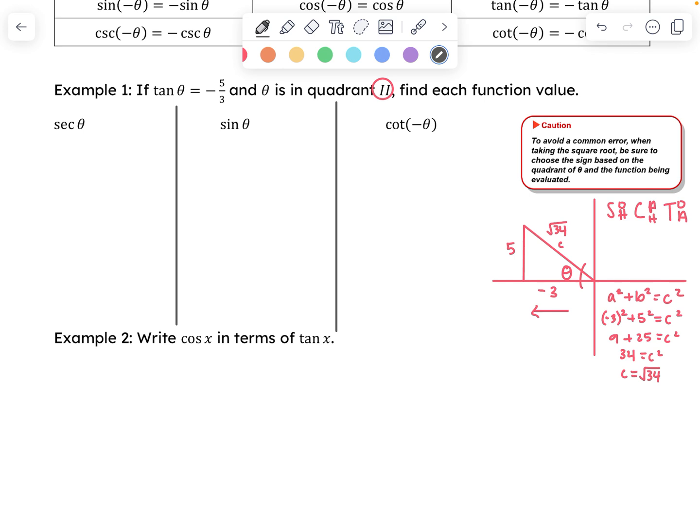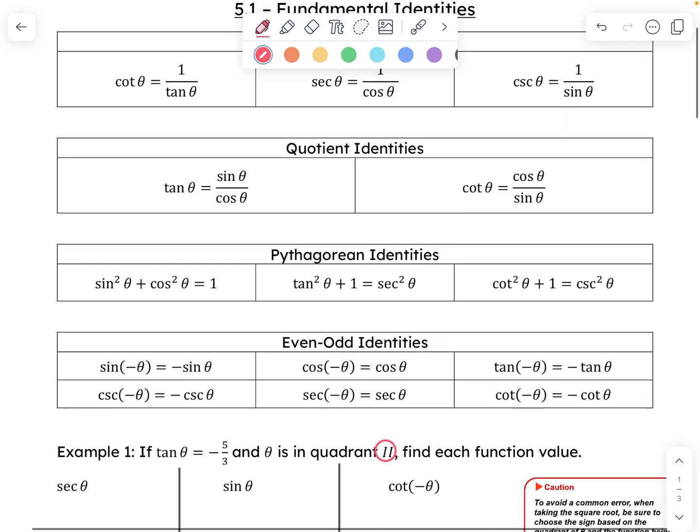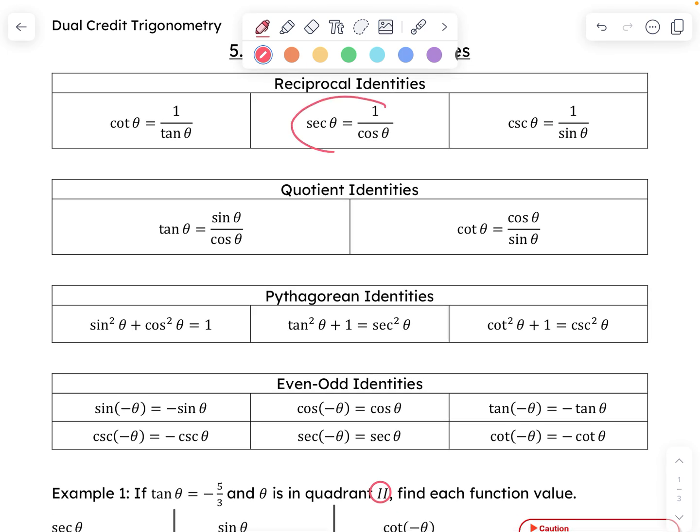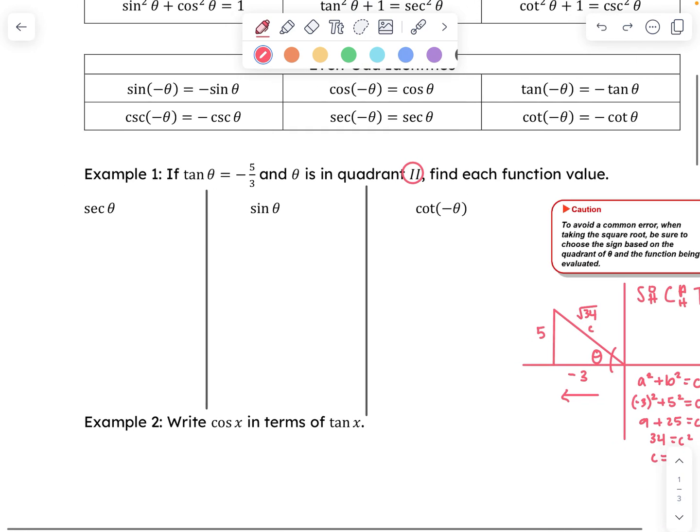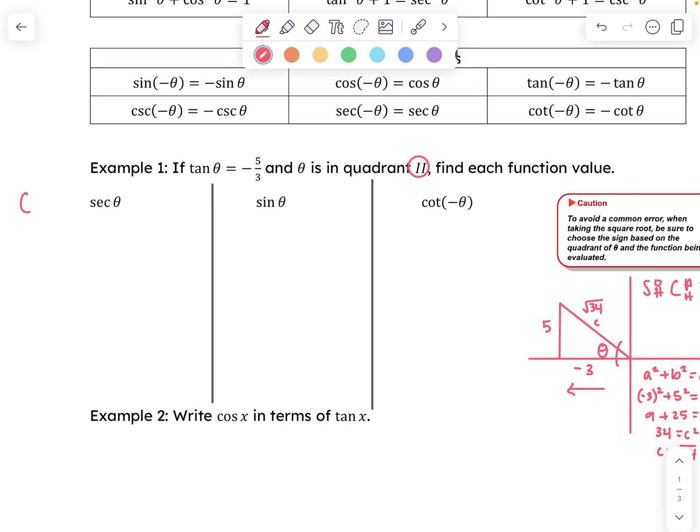So let's start with our secant. I can come up here and remind myself that secant is 1 over cosine. So if I'm looking at that secant being 1 over cosine, that means that I'm looking at my CAH from SOHCAHTOA, and I'm really just switching the CAH part.